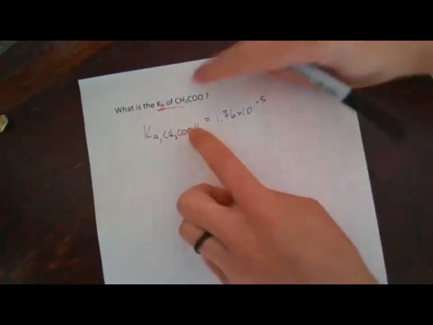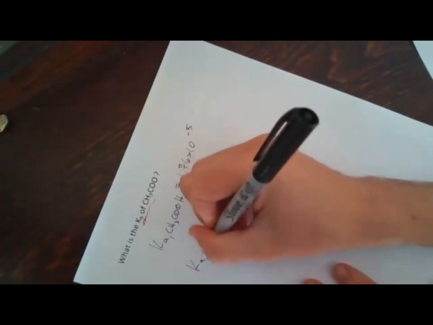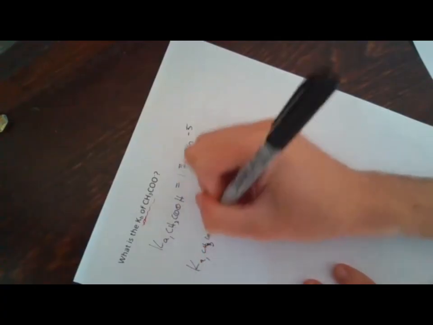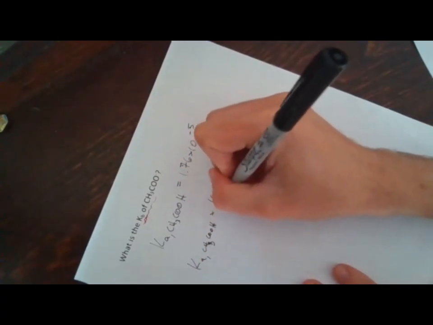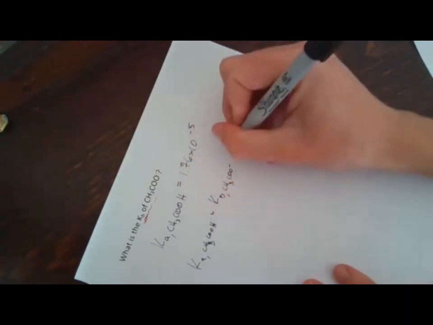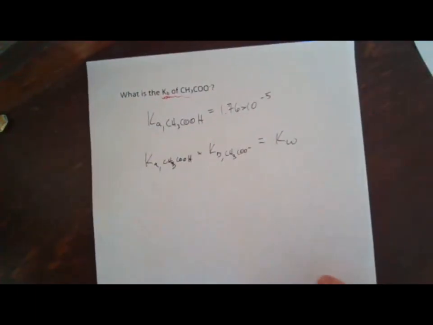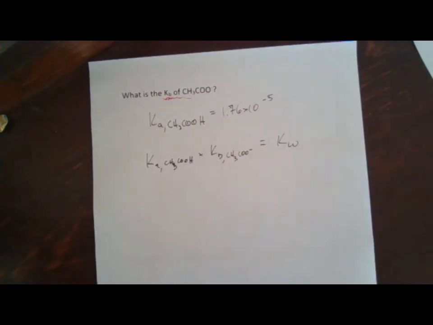And so these two things are a conjugate pair. What we know is that if you have a conjugate pair, the Ka of the acid in that conjugate pair times the Kb of the base in the conjugate pair, those two values combine to give you Kw, which is the equilibrium constant for the water autoionization.